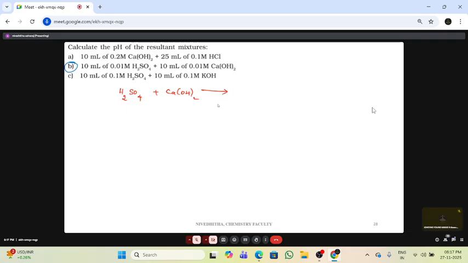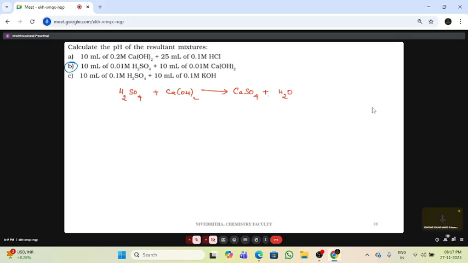So what salt will we be getting here? Calcium sulfate. So what is the formula of calcium sulfate? Yes, CaSO4 and water.